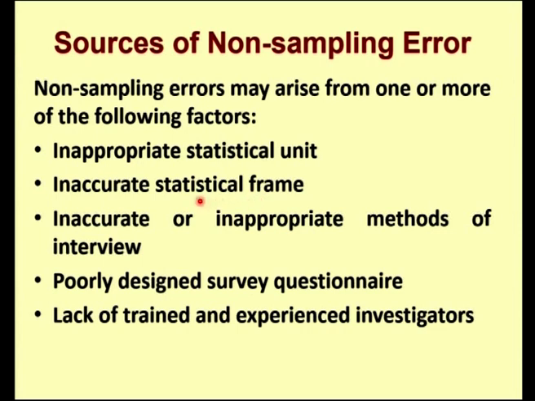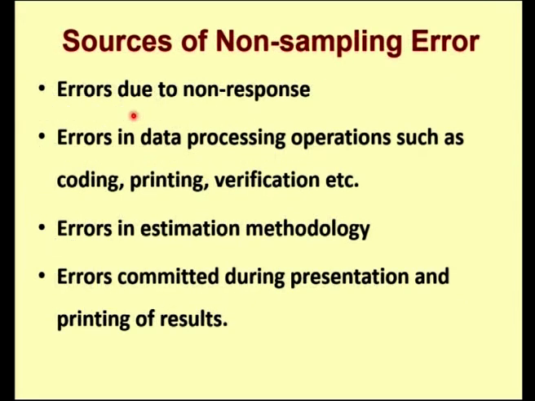We have already seen what a statistical frame is. Then inaccurate or inappropriate methods of interview, poorly designed survey questionnaire, lack of trained and experienced investigators. And some more sources of non-sampling errors: errors due to non-response, errors in data processing operations such as coding, printing, verification and so on, errors in estimation methodology.